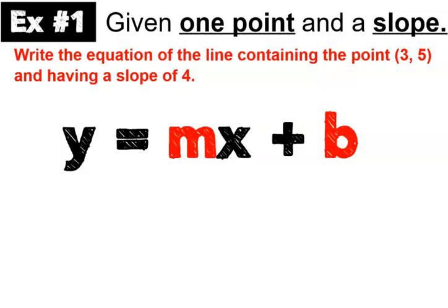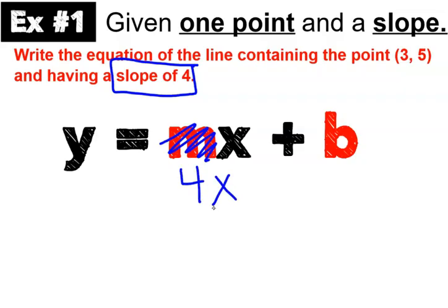In this example, we're trying to write the equation of a line containing the point 3, 5 and having a slope of 4. In the linear equation, the m value is the slope. So since we know the slope is 4, that means we can erase and replace the m letter with the number 4.